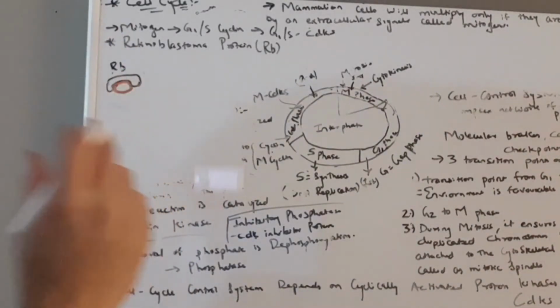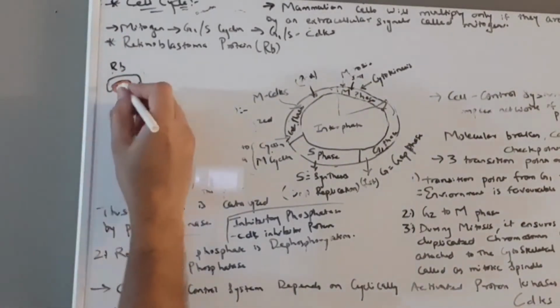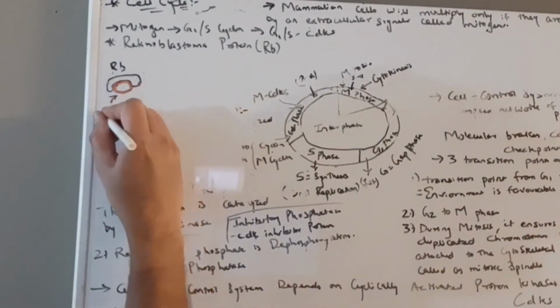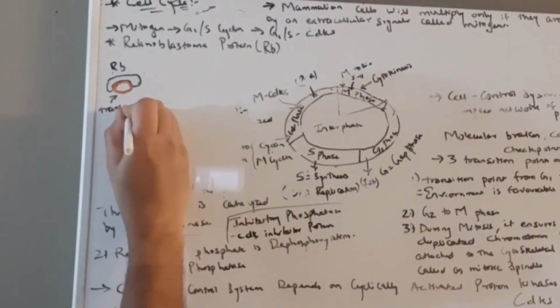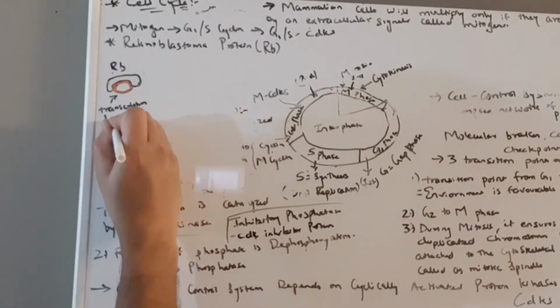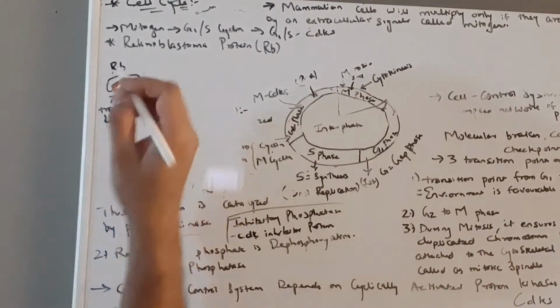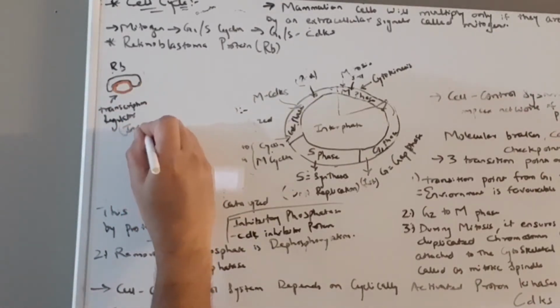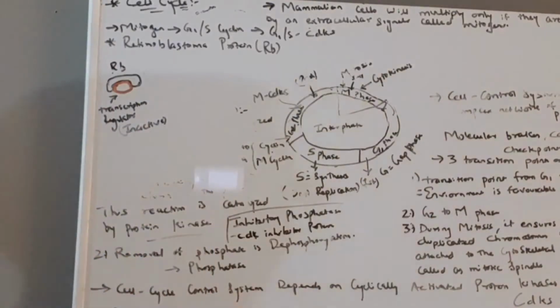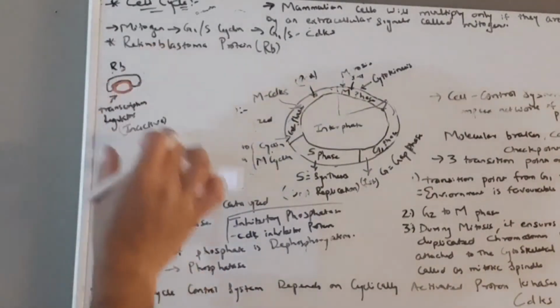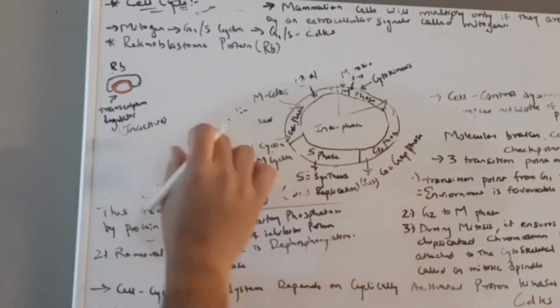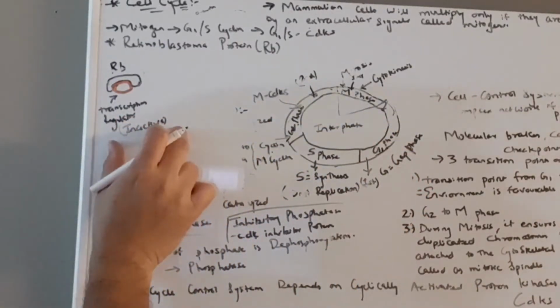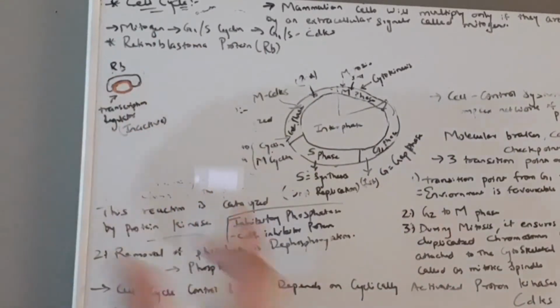This RB protein binds to a particular transcription regulator, for example the brown one that you can see. That is a transcription regulator that is useful for the proliferation of the cell. So when it binds, it is inactive. So this is how it controls. If the RB protein is present in these cells, it binds to this transcription regulator and keeps it inactive, so the cell cannot proliferate.